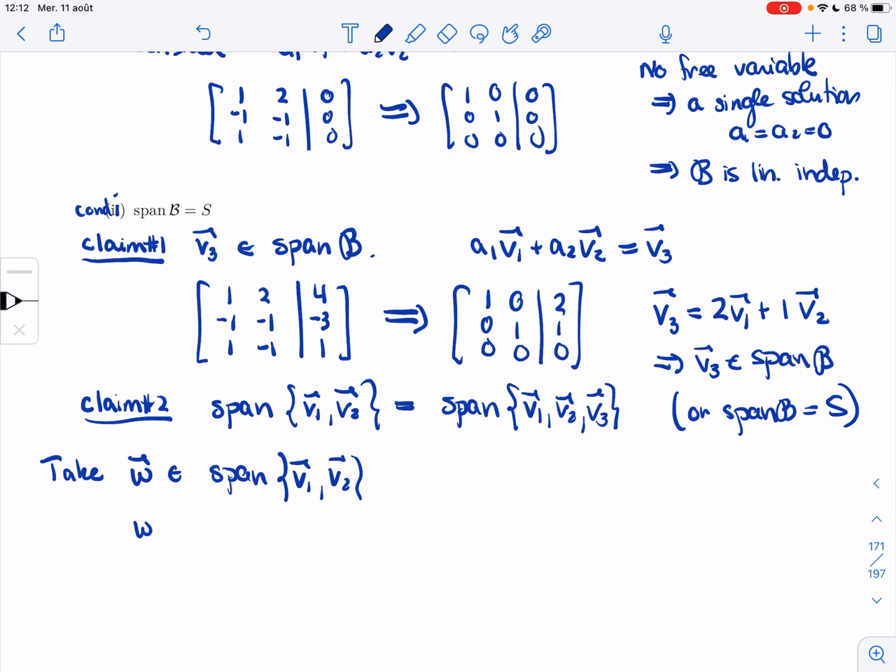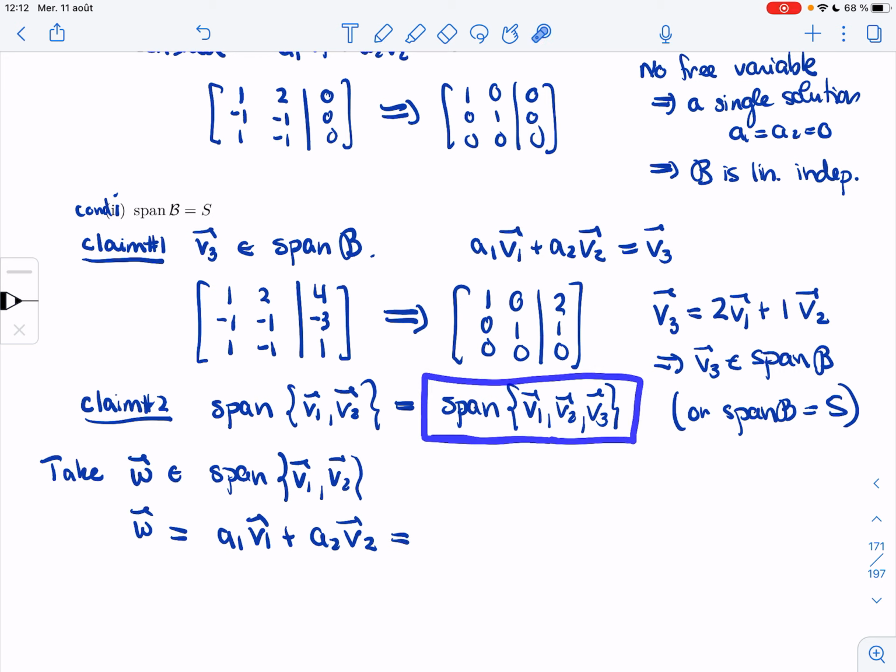So W is in the span of two elements. That means I can write it as a linear combination of these two. So A1 V1 plus A2 V2. And now to show that it's in the span of A, I need to write it as a linear combination of these three. Well, that's not so hard.